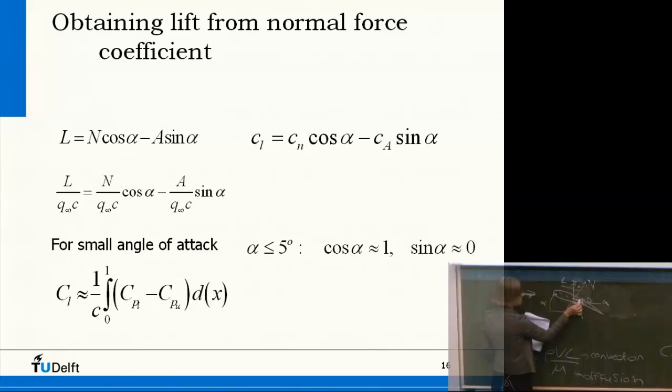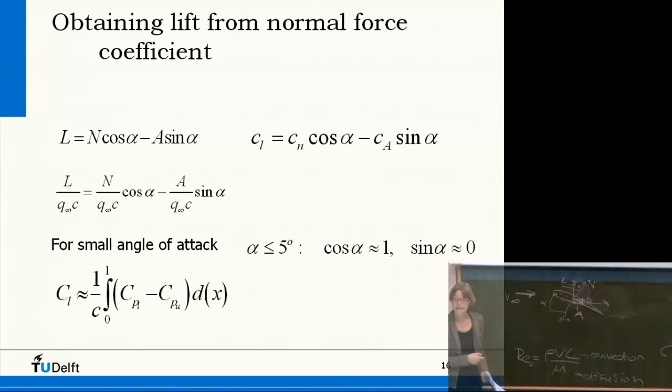And it's in the negative direction, so that is contributing with minus sine. So L is N cosine alpha, projecting the N up here, minus this bit, so the resulting L is a bit smaller: minus A times sine alpha. And this is then the resulting lift.